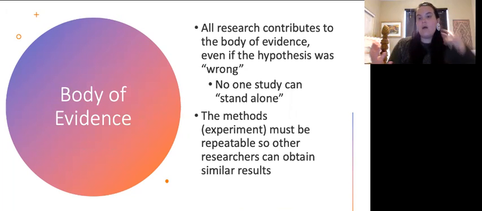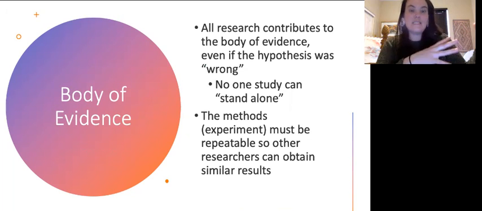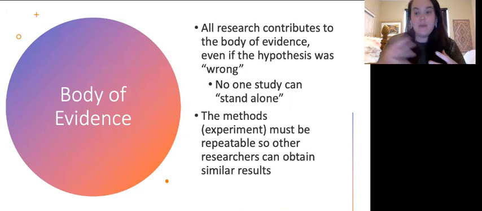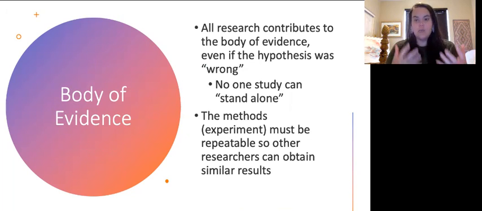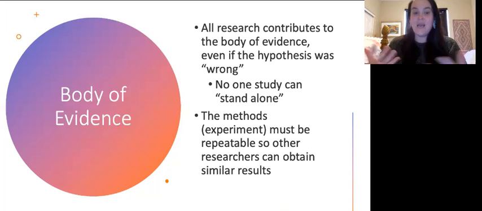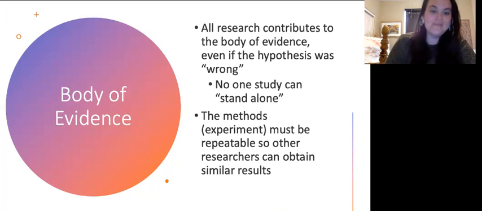So we cite studies all the time and say, well, this study said that, but what do the other parts of that body of evidence state? And the method, so either if it's an experiment or however you decide to design your study, must be repeatable. So other researchers can do your study again and potentially, hopefully, if done correctly and similarly, obtain similar results.